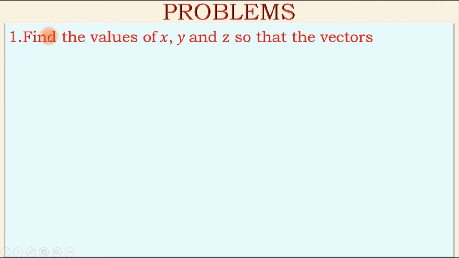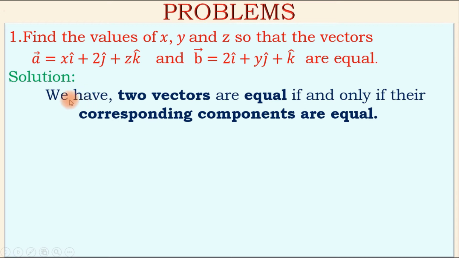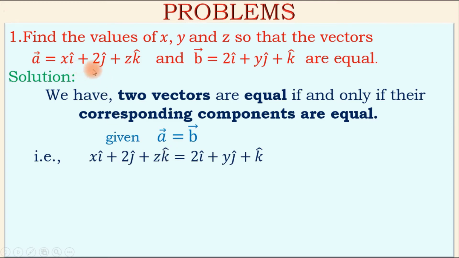Take problem number 1. Find the values of x, y and z so that the vectors a vector and b vector are equal. Two vectors are equal if and only if their corresponding components are equal. That means given a vector equals b vector, xi cap plus 2j cap plus zk cap equals 2i cap plus yj cap plus k cap.